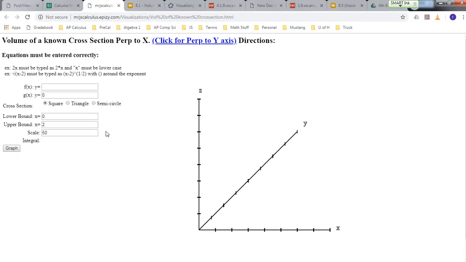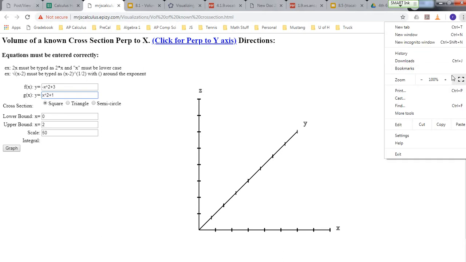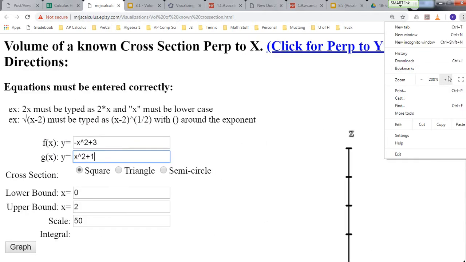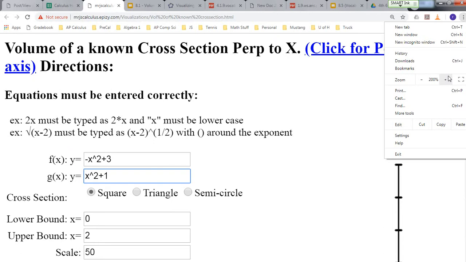So your top equation, what was the top equation? Negative x squared plus 3. And the bottom equation? x squared plus 1. When you're typing it in, you must use the rooftop, the caret, so negative x squared like that.